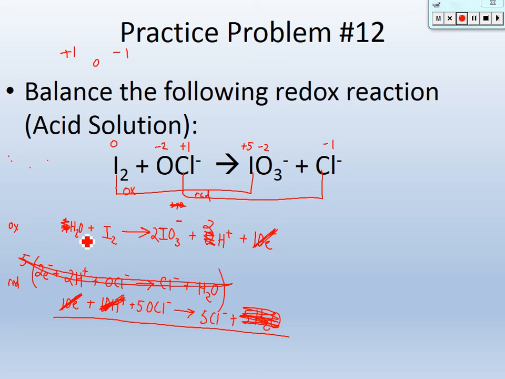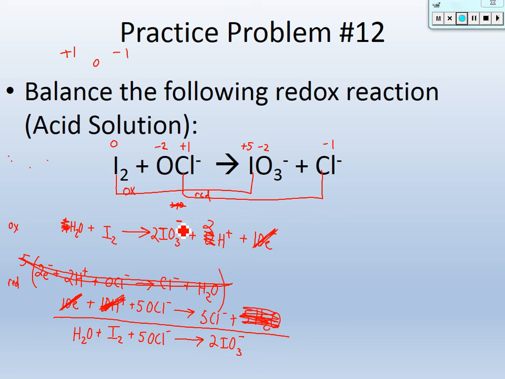So I'm left with 1 water here, so let's not forget about that, H2O, plus I2. That's everything on the left on the top one. What else is on the left here on the bottom? So we got plus 5 OCl minuses. Anything else on the left? Nope, so we draw our arrow. We've got 2 IO3 minuses.